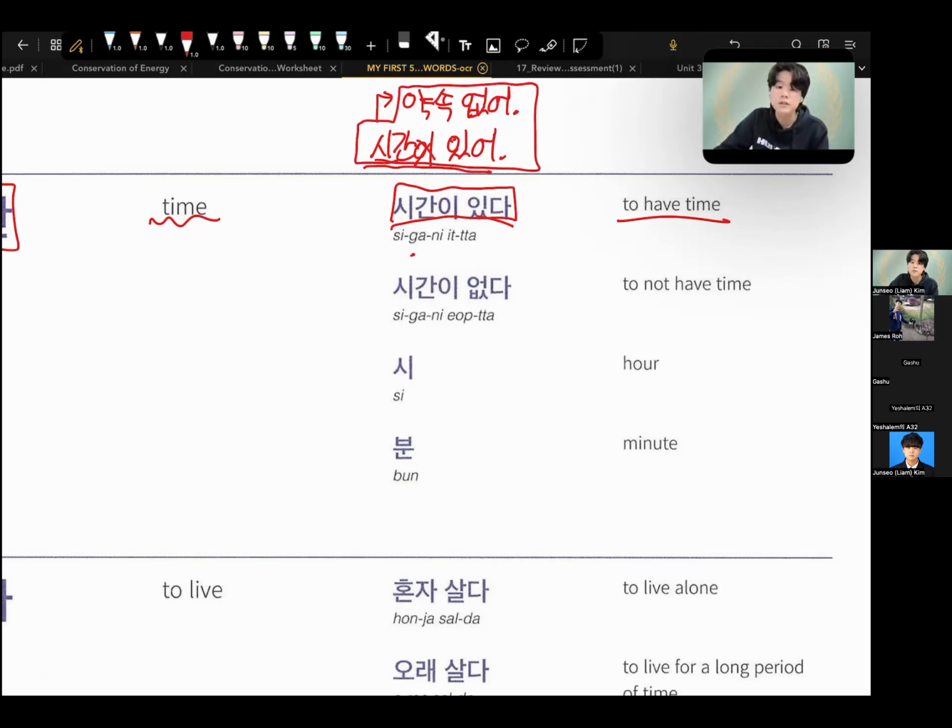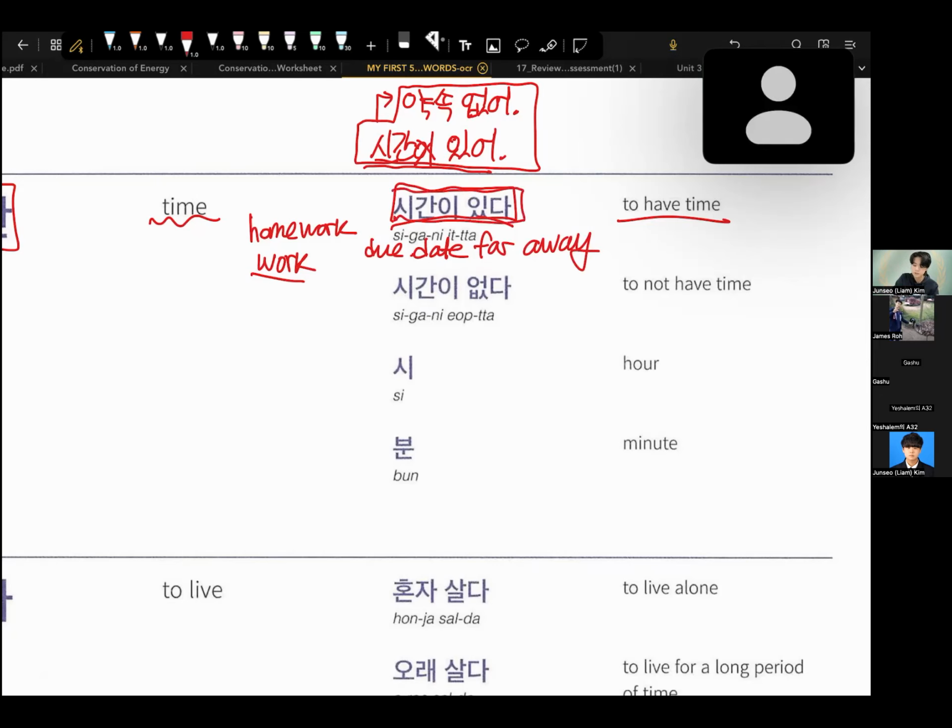But when you're doing your homework, or doing business work at your company, and the due date for finishing that assignment is far away, so you have like 1 week, lots of time, like 10 hours, then you can say, hey, 시간 있어.